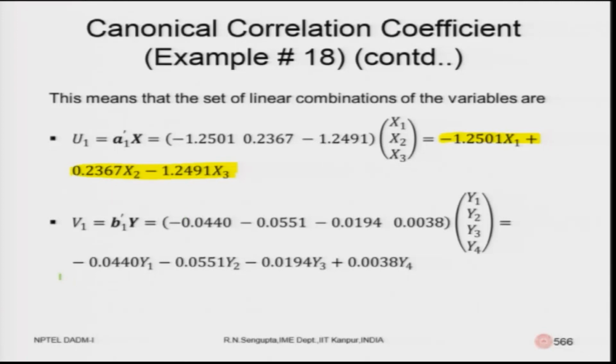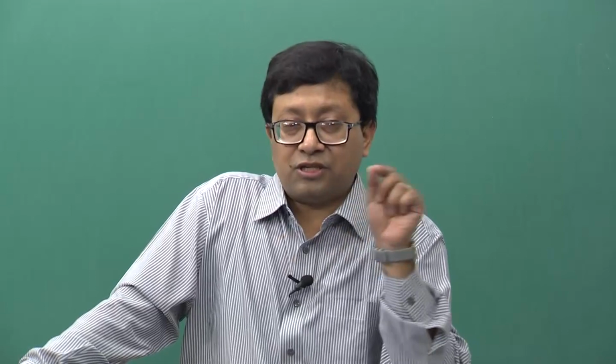Once we have that, we have v1 as given. Just note down that u1 and v1 are the linear combinations such that we get the maximum variability. Please note the rho star squares, 0.44 and all these values, they would become important later on when we study.